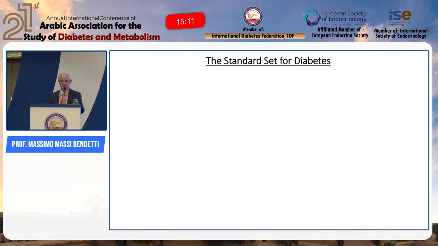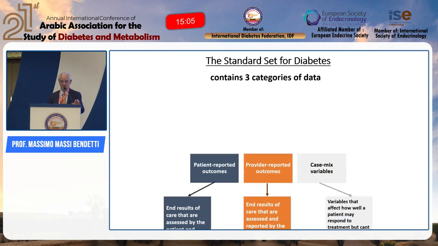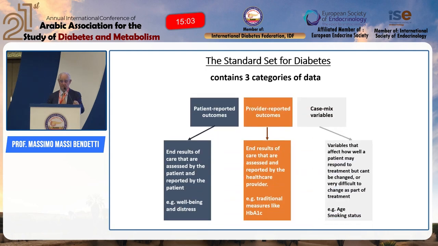The standard set contains three categories of data. The first is patient-reported outcomes, which are the end results of care that are assessed and reported by the patient, such as well-being and distress. It's not easy to define well-being and distress.